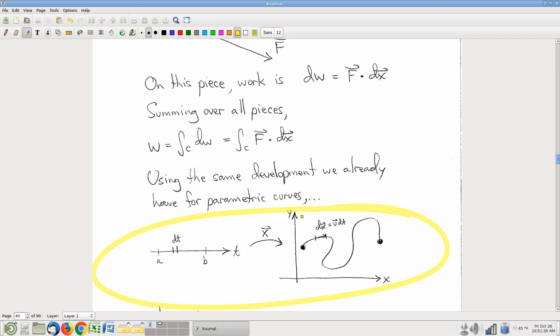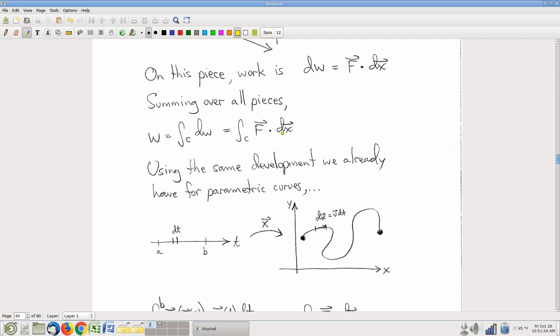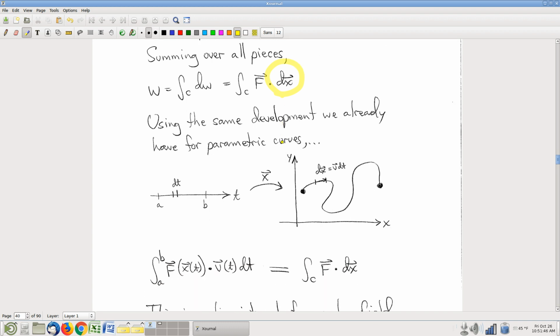And all I've got to do is write down what dx is. Right now, notice, not ds. We don't have ds anymore, thus calling this a vector line integral. If it was ds, it'd be a scalar line integral. So I don't even have to write down ds. I only have to write down dx. And dx is v vector dt. Displacement is velocity times time.